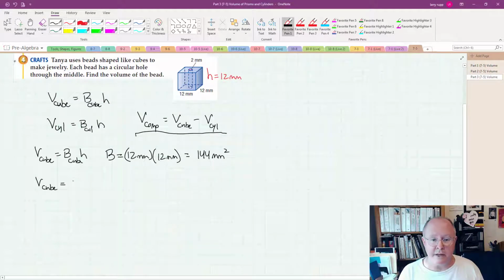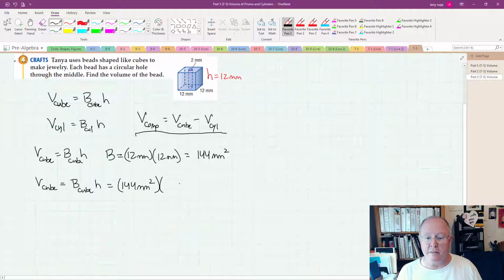So now down here we have the volume of the cube is equal to the base, capital B, of the cube times the height. We just figured out what the base was, so that was 144 square millimeters. And now we multiply it by the height, which is 12 millimeters.